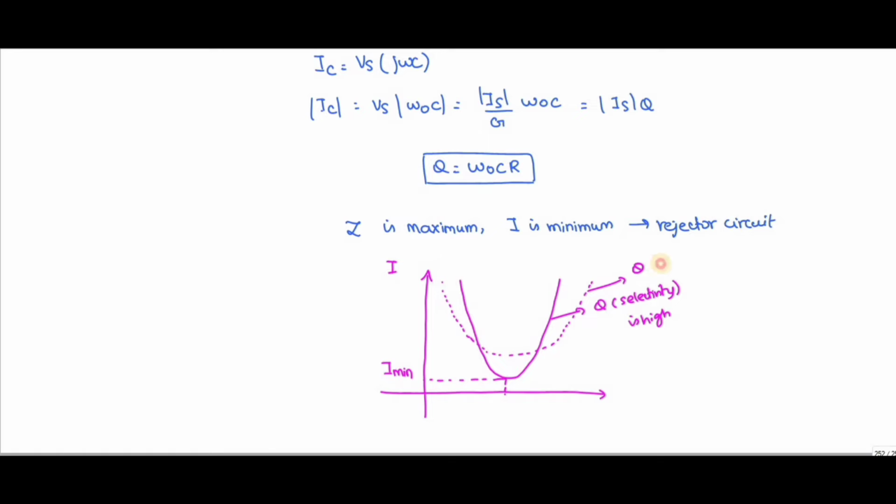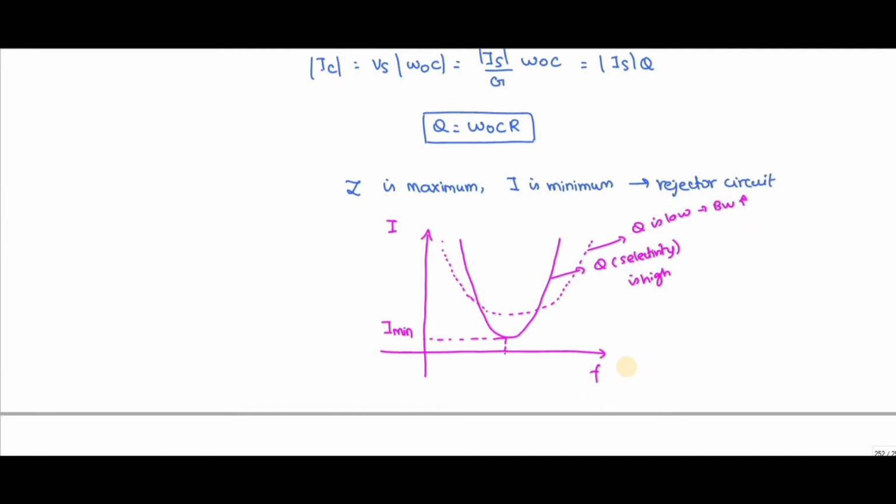And here Q is low, and here the bandwidth is high compared to this one. So exactly the opposite, I can draw it for the impedance.